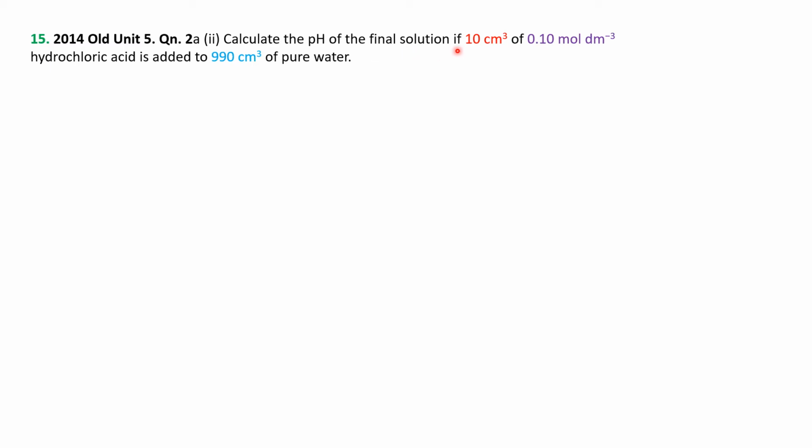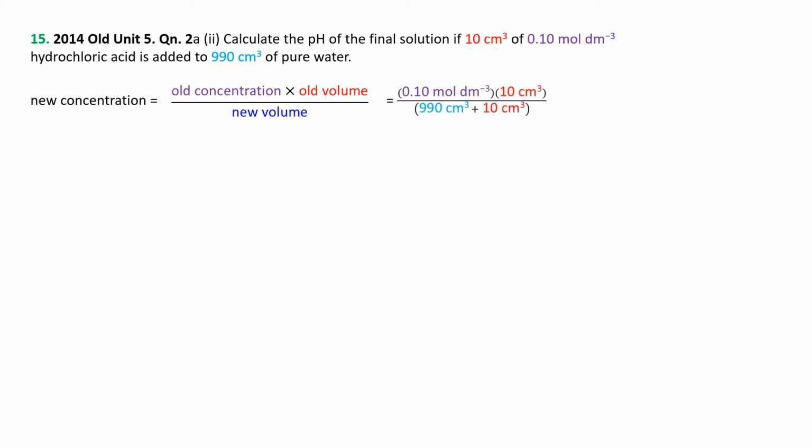Calculate the pH of the final solution if 10 cubic centimeters of 0.1 molar HCl is added to 990 cubic centimeters of pure water. This is actually a rather bad question. The dilution equation is fine. New concentration times the new volume is the old concentration times the old volume. Divide both sides by the new volume and you get this. Old concentration 0.1, old volume 10 cubic centimeters.